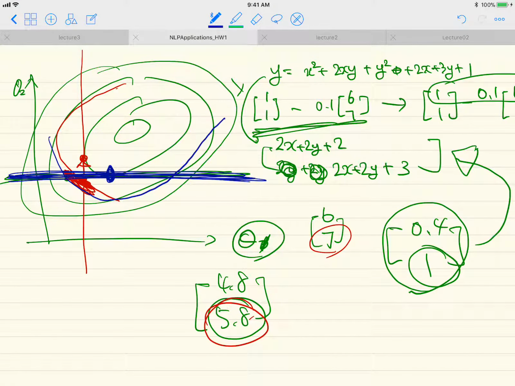Okay, and then from here, we cut this mountain vertically, and then we also go to the global minimum value at this point. Okay. So if we can guarantee that we can find this global minimum in each of our sub-problems. I call this a sub-problem because we initially have a two-dimensional optimization, right?